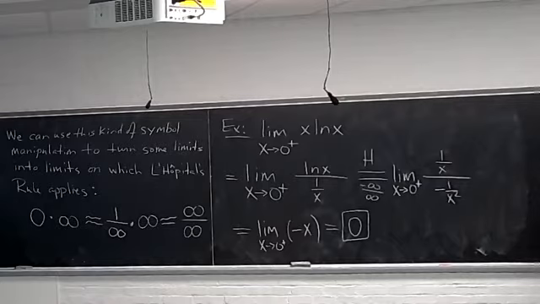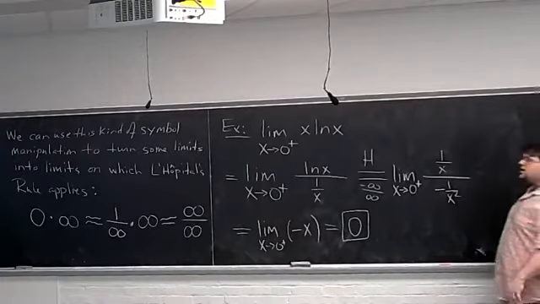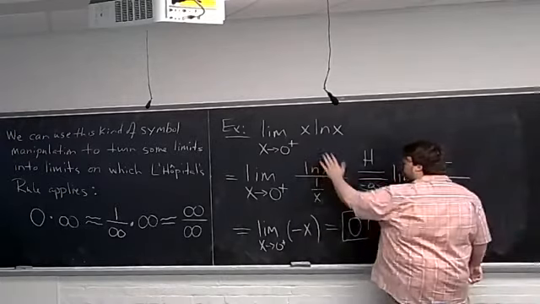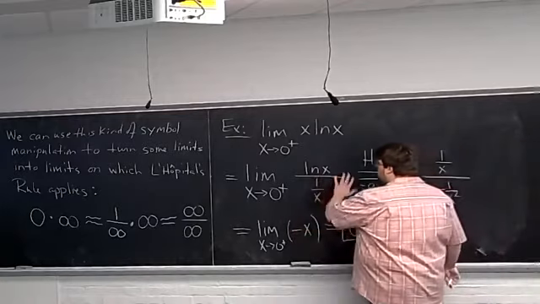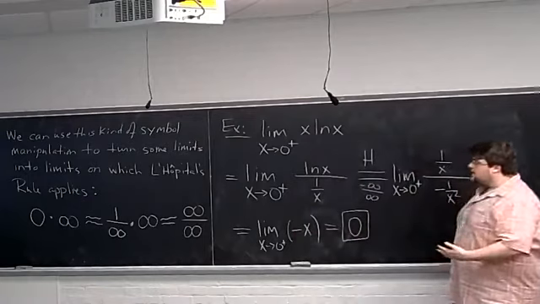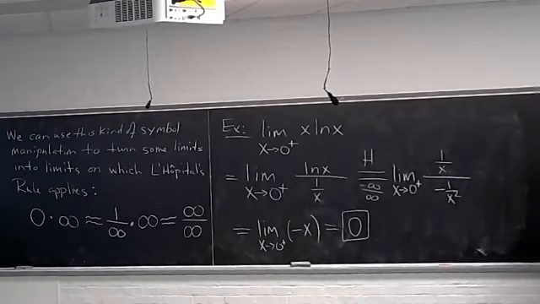So right here, we saw that something which doesn't immediately look like L'Hopital's rule applies to it can actually have L'Hopital's rule apply to it. Meaning up here, we have this product, a 0 times infinity, and we turned it into a quotient on which L'Hopital's rule applies. There are three other types of limits that can apply to.